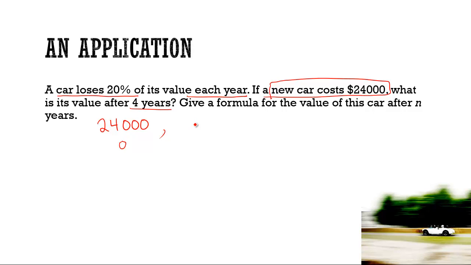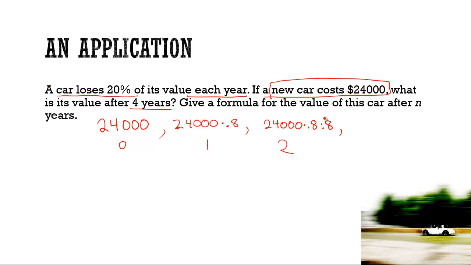After 1 year, it's going to lose 20% of its value, so it's actually going to be 24,000 times 0.8 because it'll still retain 80% of its value. So that's after 1 year. After 2 years, it'll be 24,000 times 0.8 and then times 0.8 again because it's losing 20% of the previous.